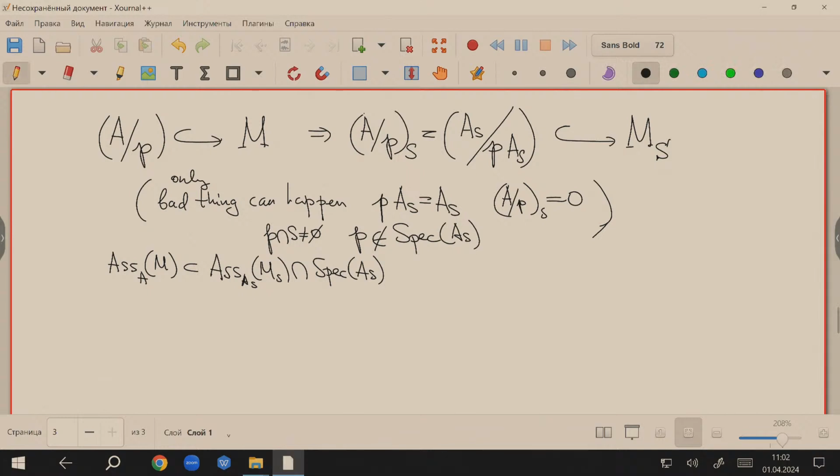Suppose that P belongs to the set of associated primes. Oh, sorry, yes, sorry.